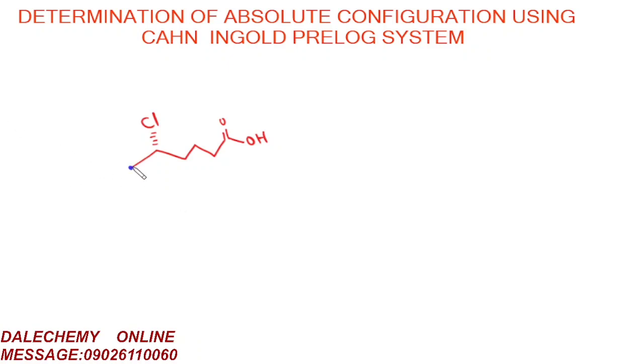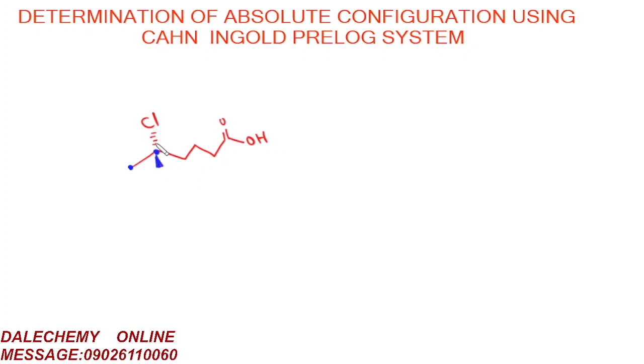So this first carbon is actually not a chiral carbon because it is bonded to 3 hydrogens. This one is actually a chiral carbon because it is bonded to a carbon, chlorine, and hydrogen. Now, if your substituent is on the dash, then the implied hydrogen that should be here, because normally there should be hydrogen here but we don't normally put it, will be on the wedge.